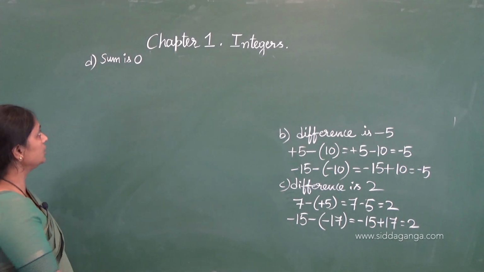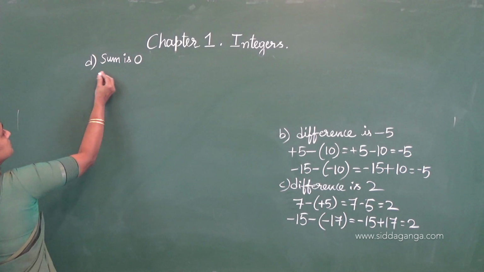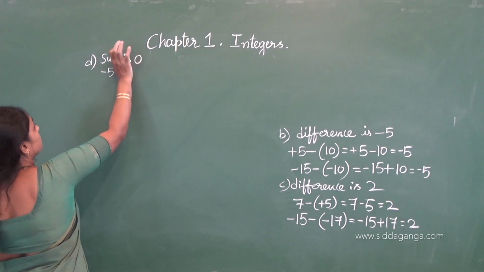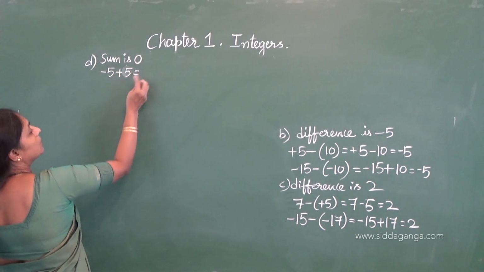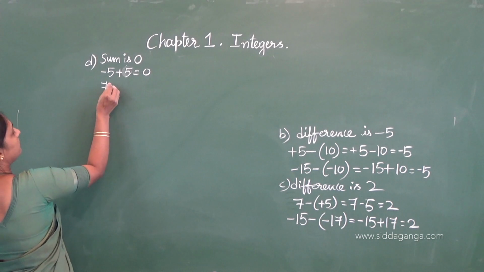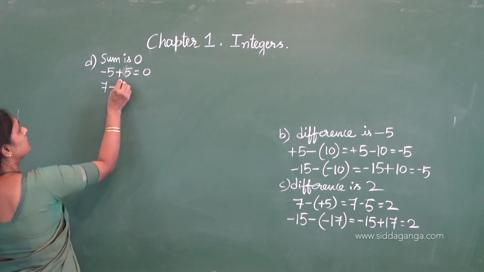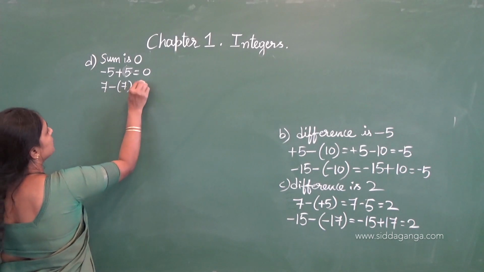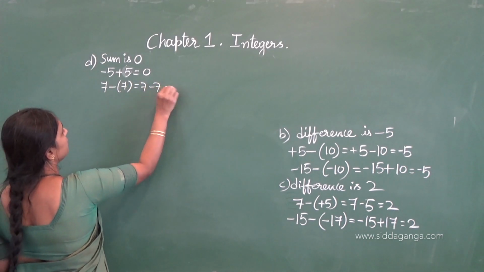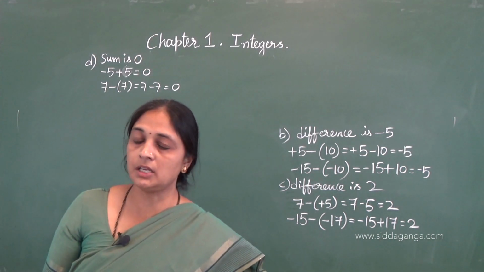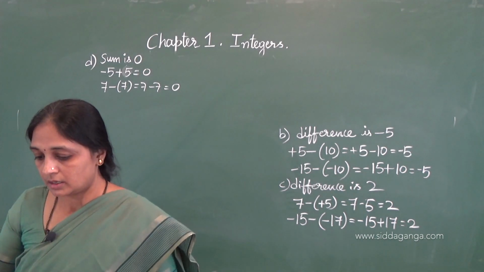Minus 5 plus 5, we get 0. 7 minus 7 is 0. Like that we can take any pair.